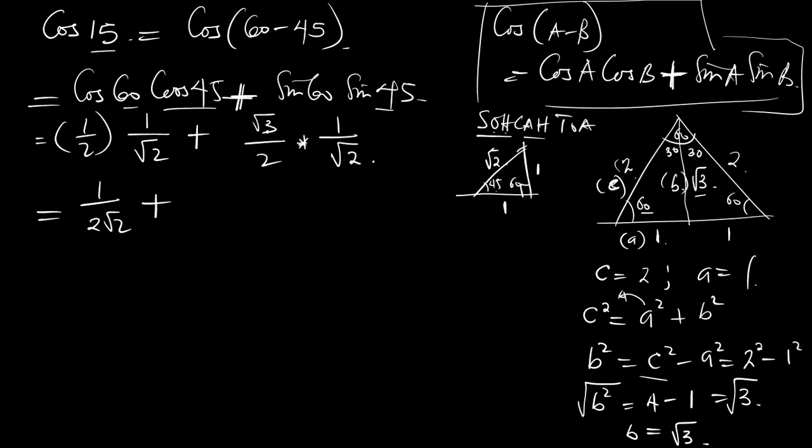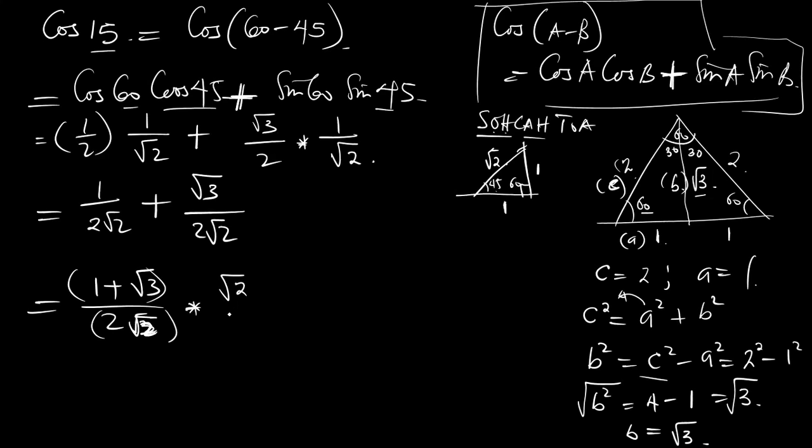So we have root 3 times 1, you have root 3 divided by 2 times root 2, which is 2 root 2. Since the denominators are the same, we'll add the numerators. So we have 1 plus root 3 divided by 2 root 2.